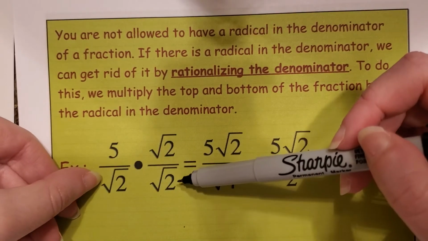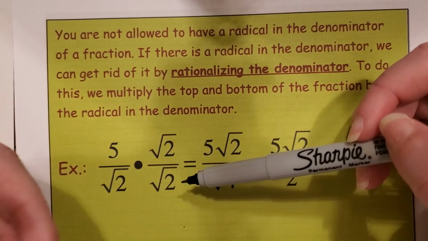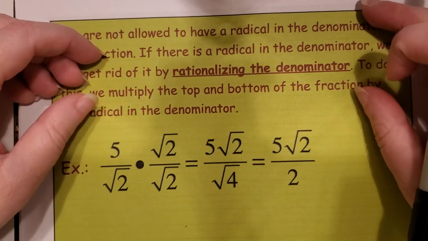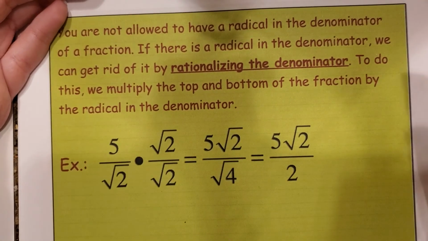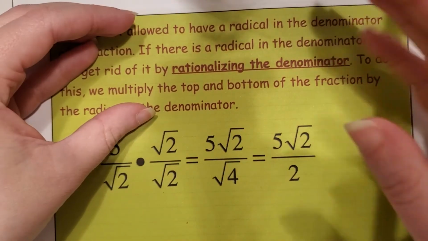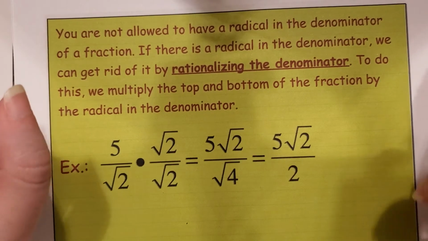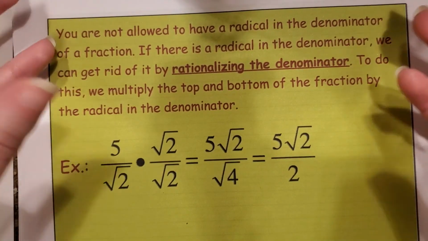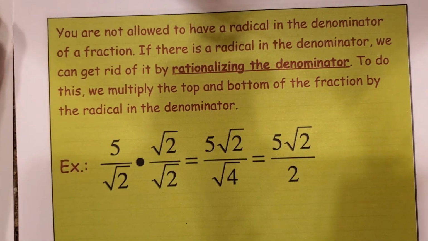With the denominators, though, you are allowed to do 2 times 2 because they both have a radical. It's sort of like a like term situation. x and x are like terms, so you can combine them. x and y are not like terms, so you wouldn't be able to combine them. You're only allowed to work with numbers that either both have a radical over them or both don't.